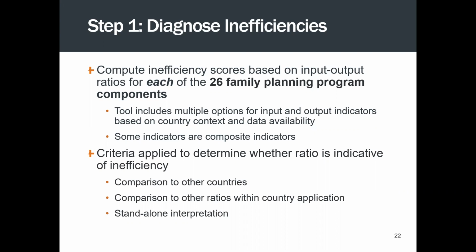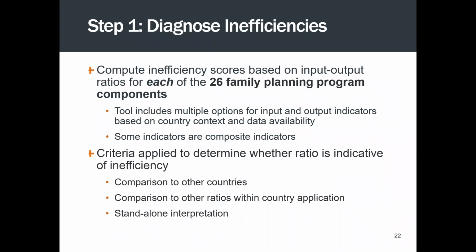And most importantly, a lot of developing countries lack the detailed family planning expenditure data we would need to conduct such an analysis. So we decided to identify several input-output ratios for each family planning component that users could select based on their country context and data availability. And the tool automatically calculates the ratio based on data provided and uses criteria to determine if the ratio indicates potential inefficiency.